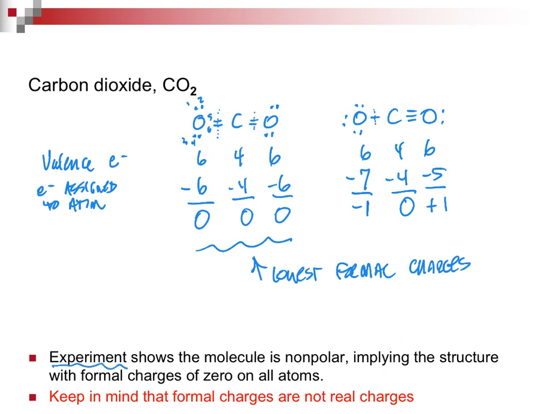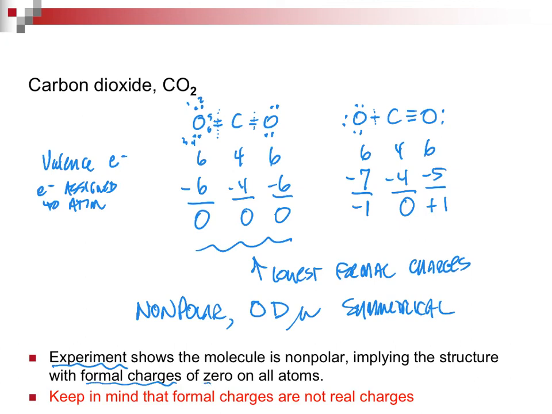And they showed that carbon dioxide is nonpolar. It had a 0 dipole moment. And that implied that it was symmetrical. And that also implied that the formal charges are all 0 on all of the atoms. So this would be the more acceptable Lewis structure.